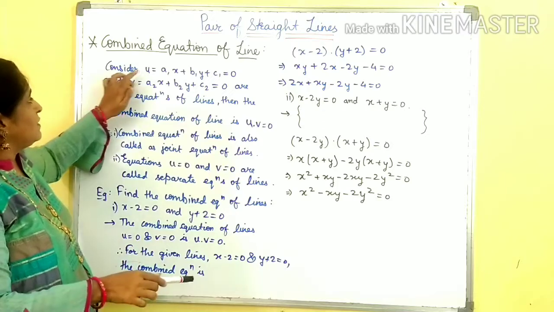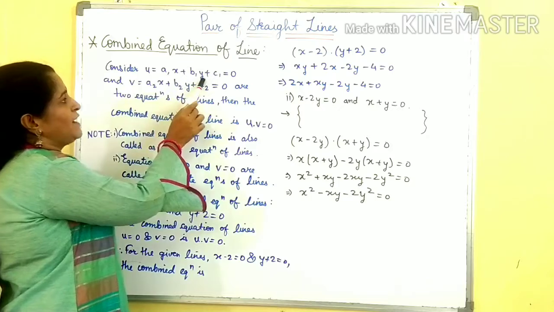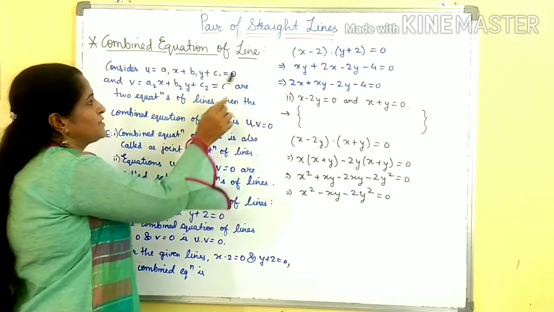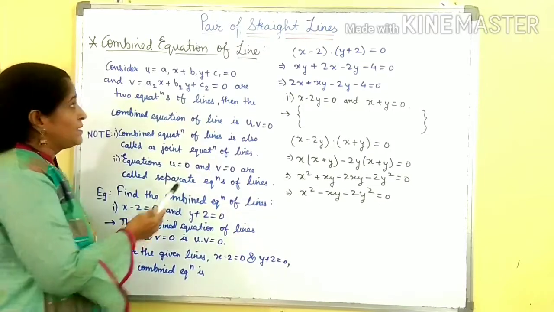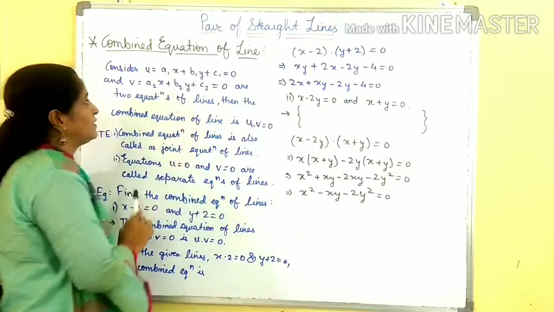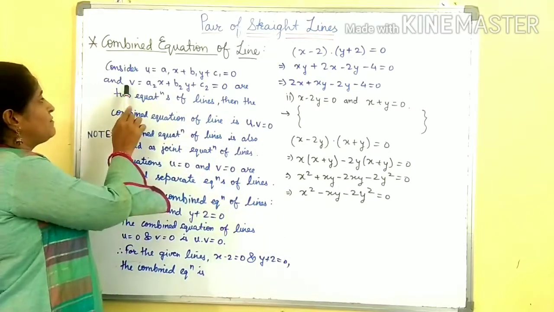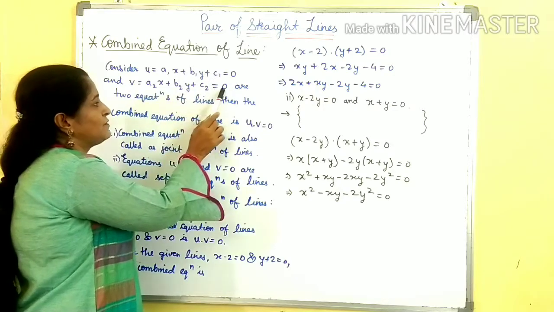Consider u is equal to a1x plus b1y plus c1 is equal to 0. Here we consider two lines, so we denote a as a1, b as b1, c as c1, and v is equal to a2x plus b2y plus c2 is equal to 0.